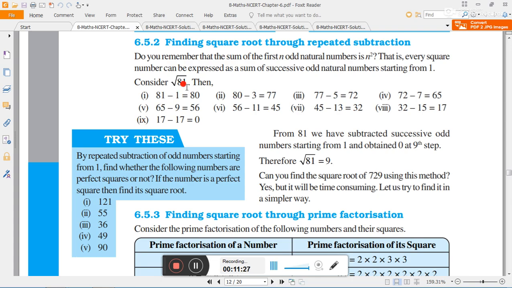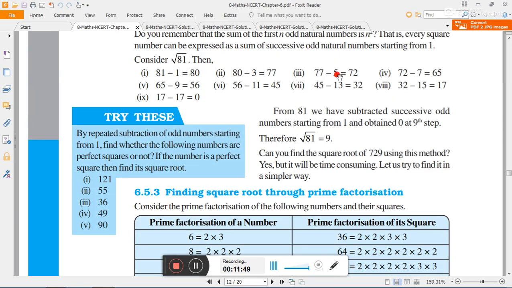Here we have to find the square root of 81, so subtracting odd numbers 1, 3, 5 and so on, at the 9th step 17 minus 17 gives 0. It means the square root of 81 is 9. But this is a very lengthy method. If we get a greater number, subtracting up to 0 becomes a tedious process.